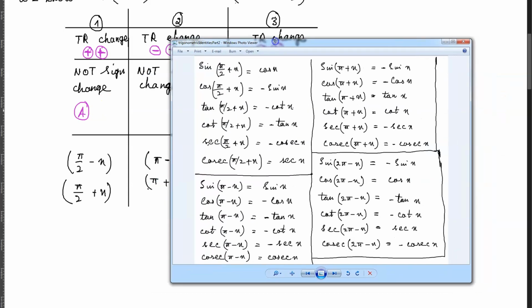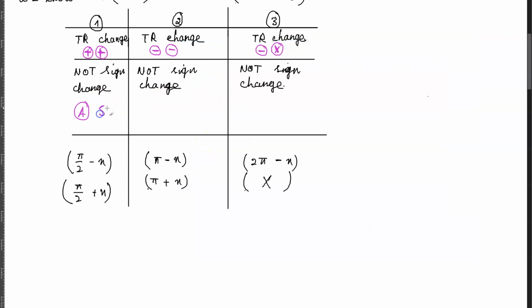Now when it comes to pi by 2 plus x, you can see that the not sign change happens in the case of sine and cosecant. And since cosecant is the inverse of sine, if I write sine, then I automatically know that the not sign change happens in the case of cosecant as well. So I simply write sine over here, S for sine.